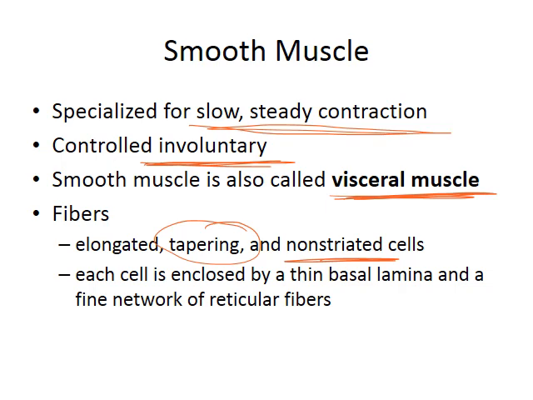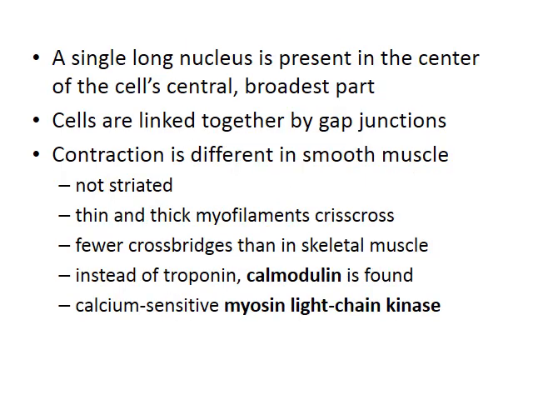Each cell is enclosed by a thin basal lamina and a fine network of reticular fibers. Each of these cells is going to have a single nucleus. It's going to be elongated, and it's going to be present in the center of the cell's broadest part. The cells are going to be linked together by gap junctions to allow for that ion exchange.